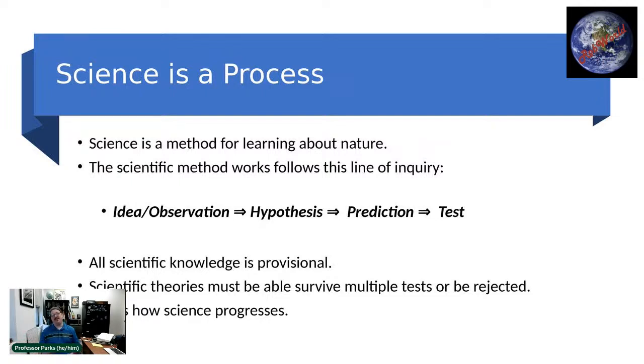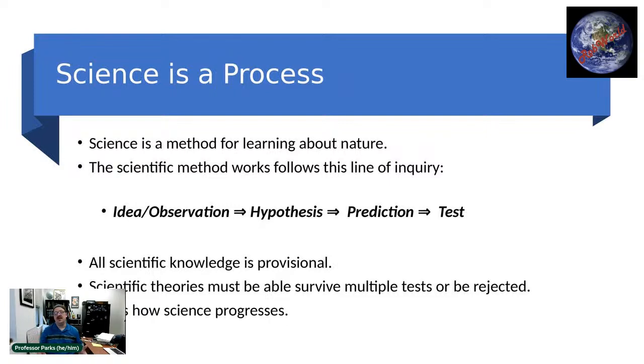Then you come up with a question: why does it do that? But the question has to be testable. So your hypothesis might be that the sun does that because the earth is stationary and the sun revolves around us.